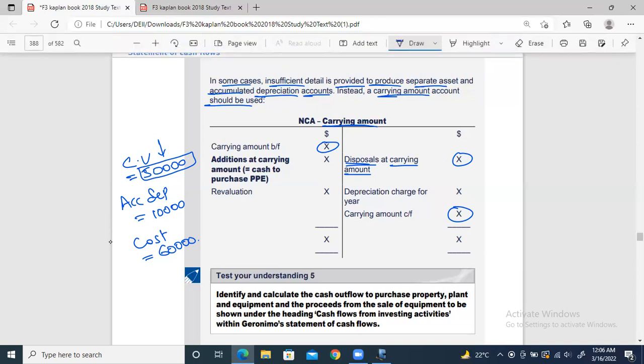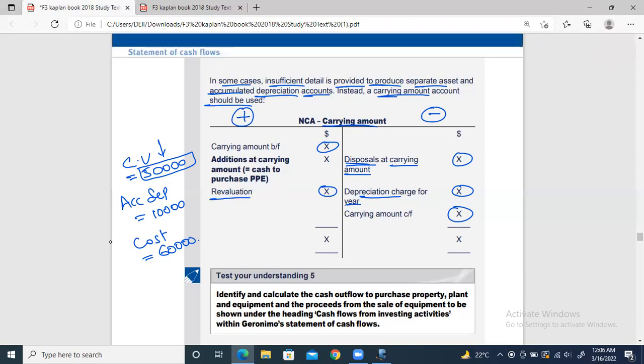So if we are creating a carrying amount account, we have to include everything relating to the carrying amount. Then the depreciation charge is also written over here. You can see the plus is here and the minus is on the credit side, so depreciation reduces the carrying amount, which is why it's written as a minus. Revaluation is also included, if the asset is increased in value.